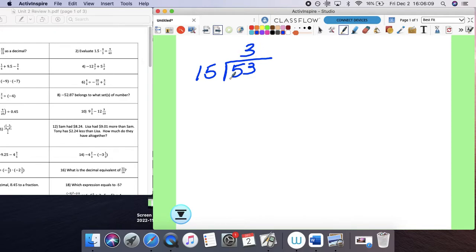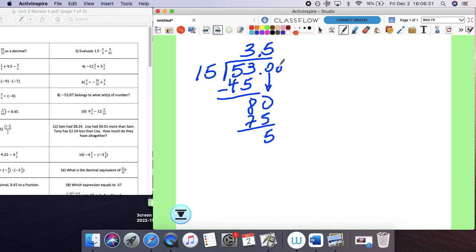So that looks like a 3, 45. Subtract. Looks like an 8. Let's extend with 0. Put a decimal on top. Times 5 looks like 75. Subtract.